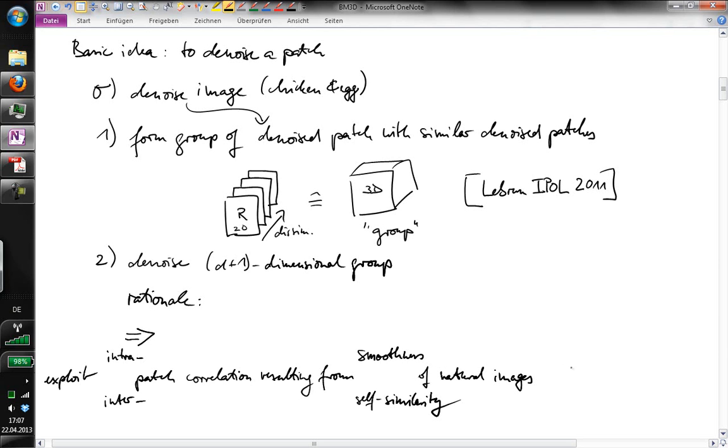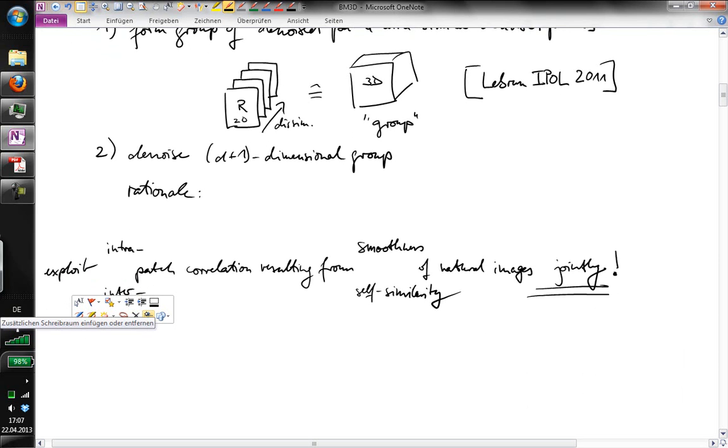And the idea is to now do this jointly. I didn't want to erase. So there's the rationale of the method.